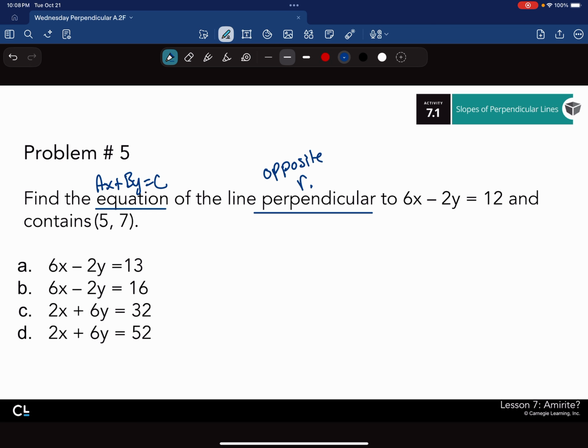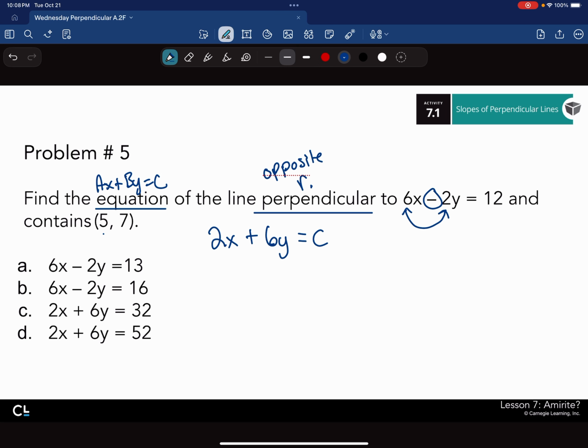Now, this equation has to change. To change it to the opposite reciprocal, these two numbers are going to switch places, and whatever is in the middle changes to the opposite. So instead of 6x and 2y, we're going to have 2x and 6y. Instead of a minus sign, now there's a plus sign, and we're going to set that equal to c.